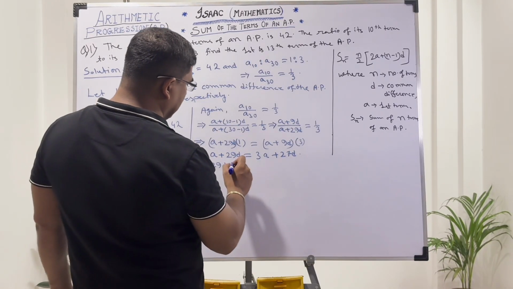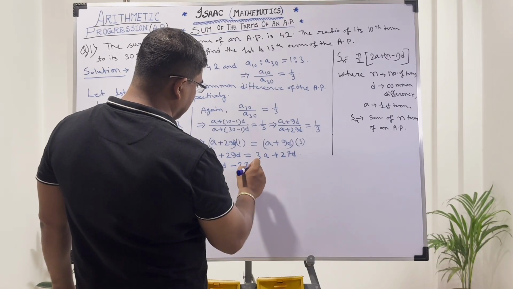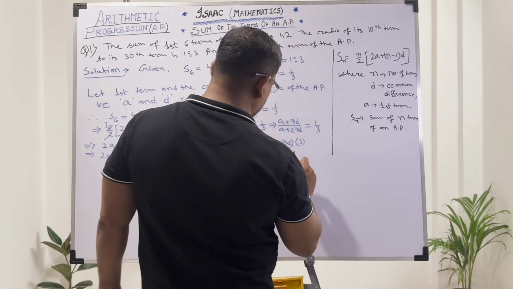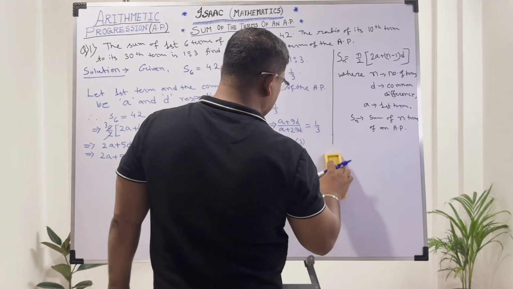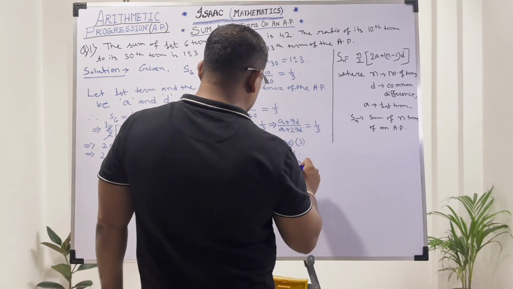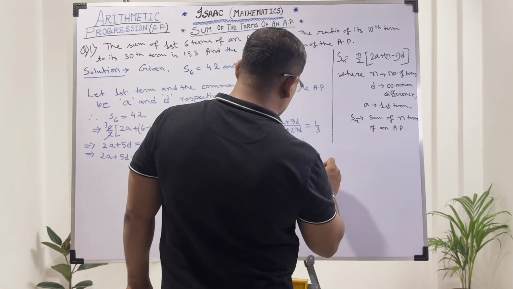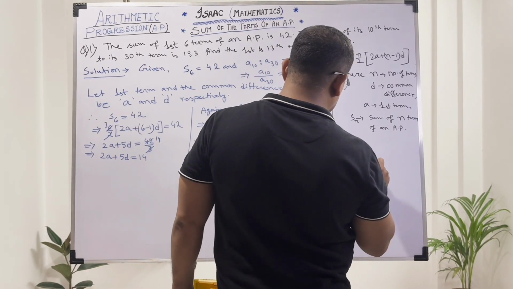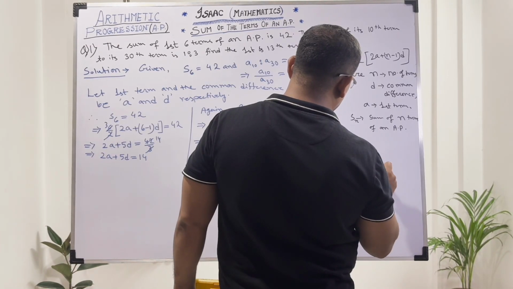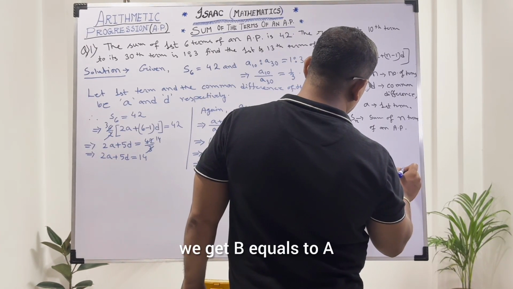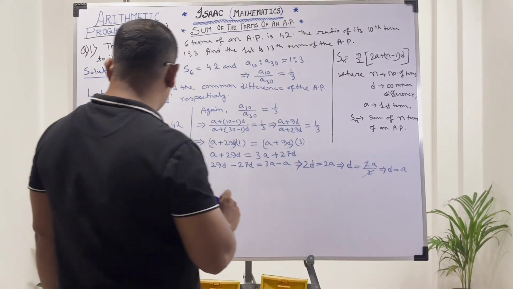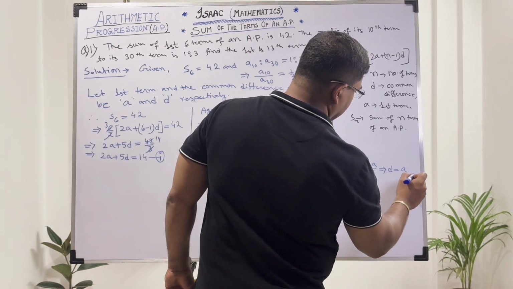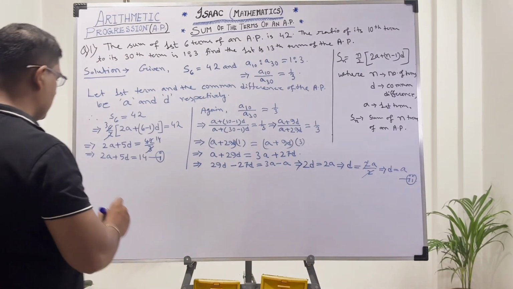This will give 29D minus 27D equals 3A minus A. This implies 2D equals 2A. This implies D equals 2A by 2. Cancelling these two, we get D equals A. This is relation 1 and this is relation 2.